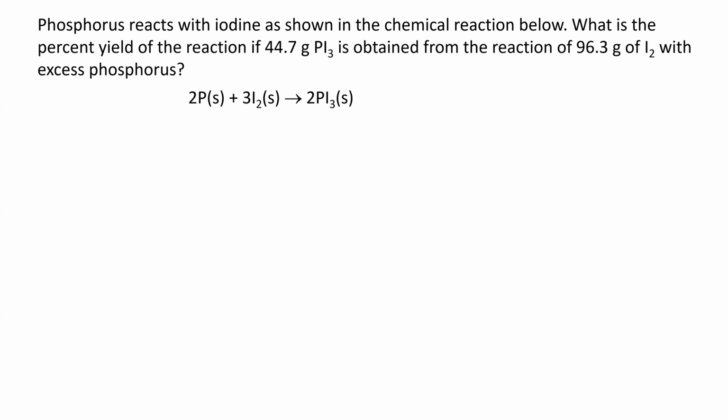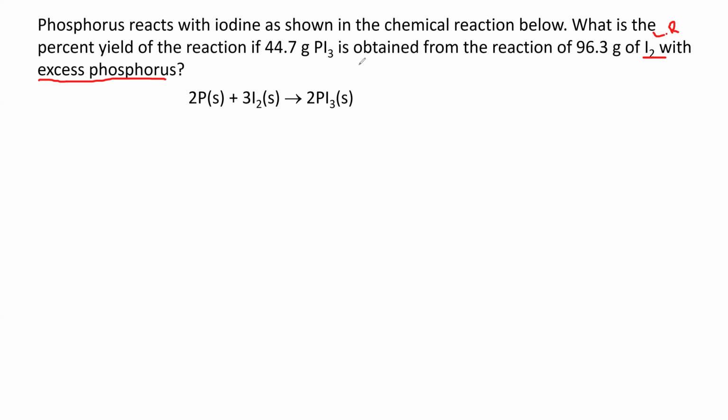So the key we should pick up on is we have excess phosphorus, so we know that I2 is the limiting reactant because there's more than enough phosphorus to react with all the I2.